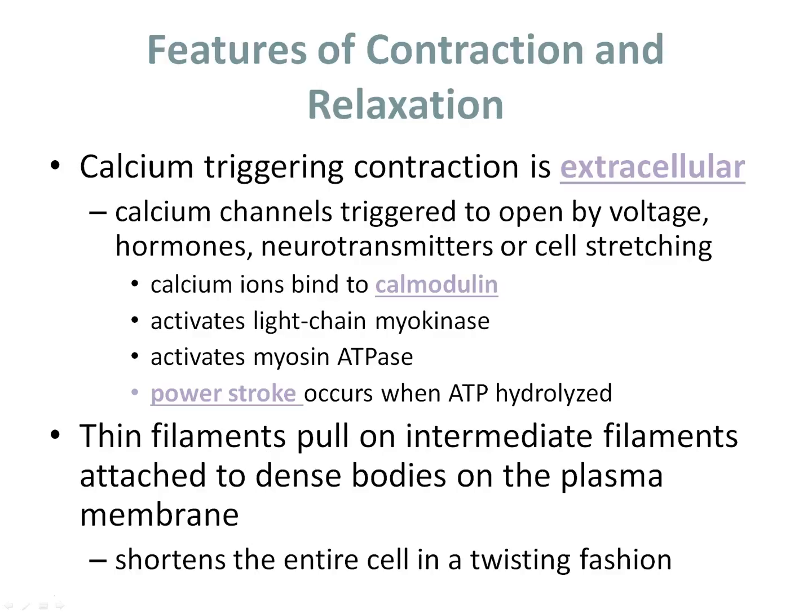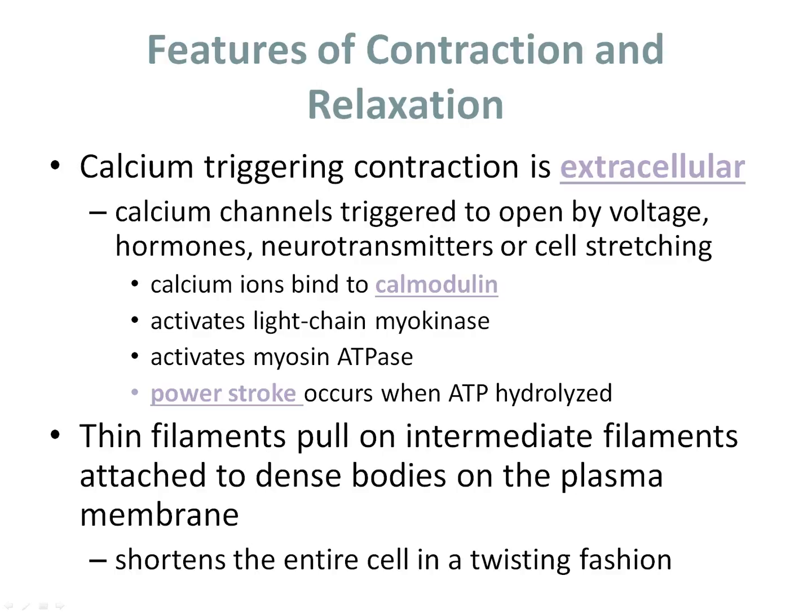So these are the same things that cause the cell to contract, because calcium coming in is the first step in cell contraction. These calcium ions bind to a regulatory protein called calmodulin.